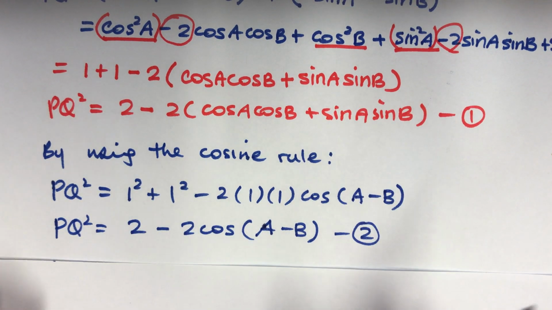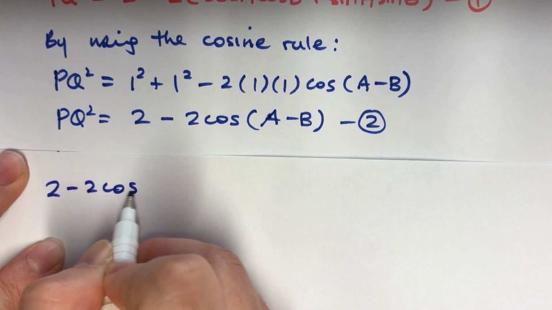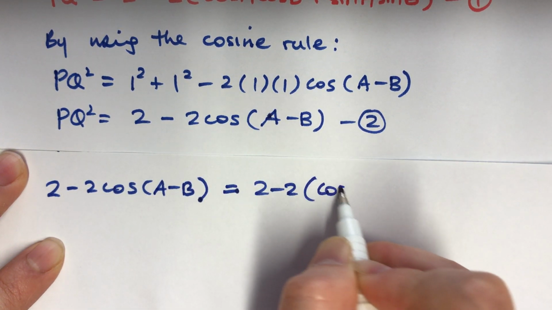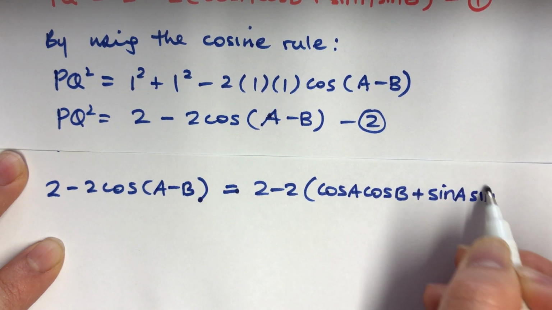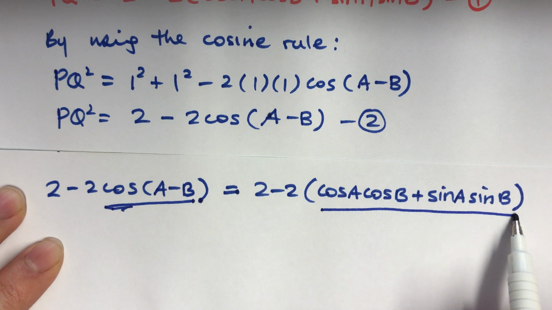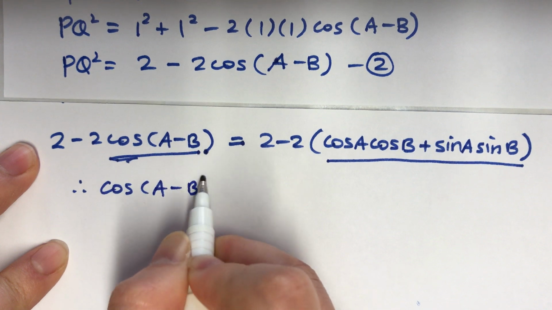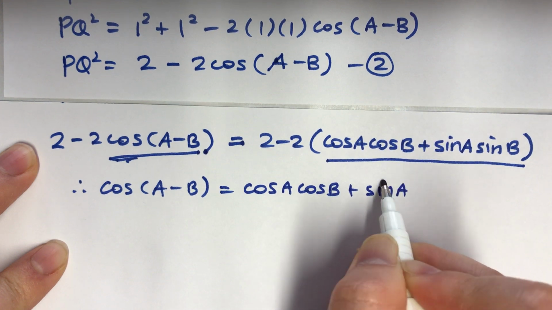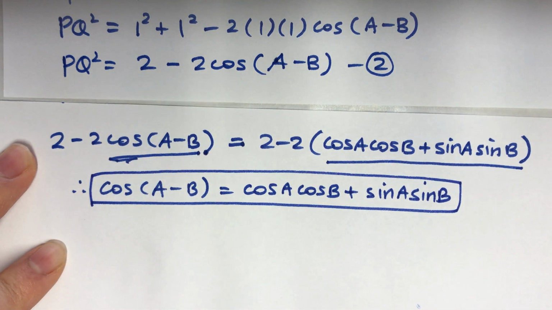So I'm going to equate them. 2 minus 2 cos(A − B) is equal to 2 minus 2 (cos A cos B plus sin A sin B). They have to be the same because they're both PQ squared. So therefore cos(A − B) equals cos A cos B plus sin A sin B. Excellent, so we proved it.